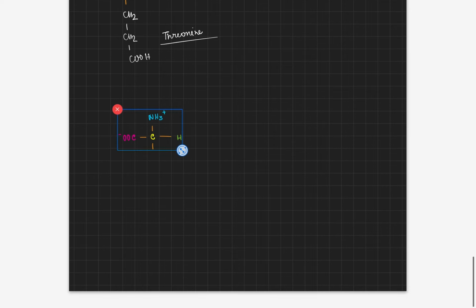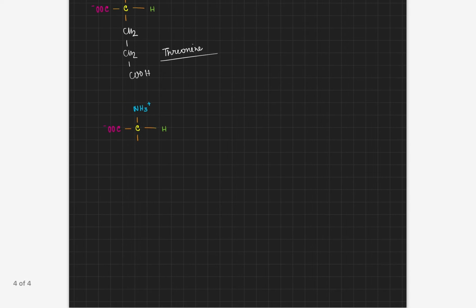Again, this is a tricky one, which is a CH3 alanine. For alanine, I'll replace this H with this ring. C single bond.